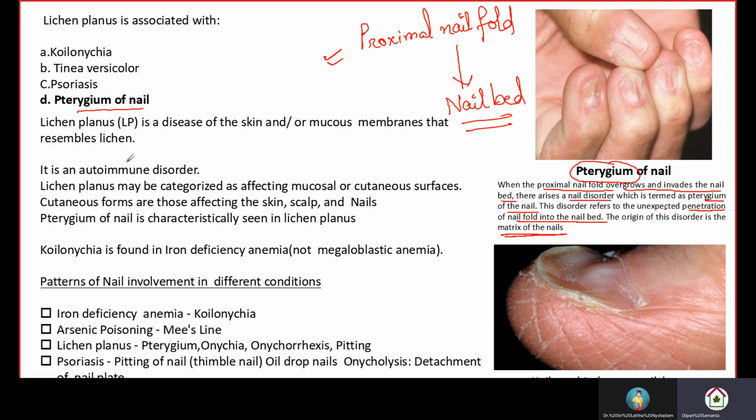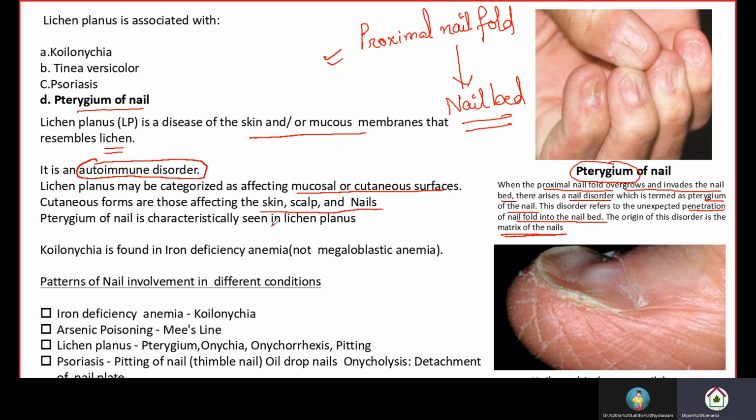Now lichen planus is a disease of skin and mucous membrane that resembles lichen, and it's an autoimmune disorder. Lichen planus may be categorized as affecting mucosal or cutaneous surfaces. Cutaneous forms are those affecting the skin, scalp, and nails.